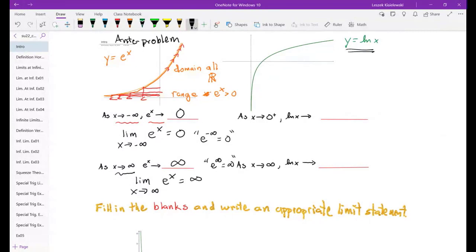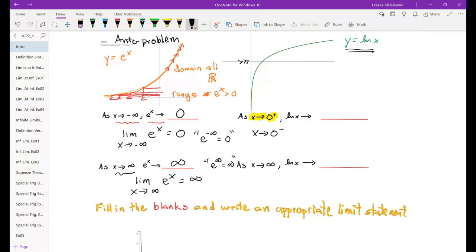function. And it's important because, well, it's related to the exponential because they're inverses of one another. So here, we first look at the limit as x goes to 0 from the positive side, okay? So can somebody in chat say why this wouldn't make sense? Why wouldn't we consider the limit as x approaches 0 but from the negative side?